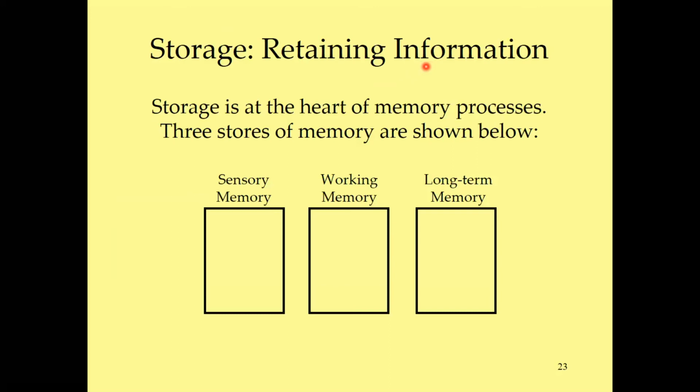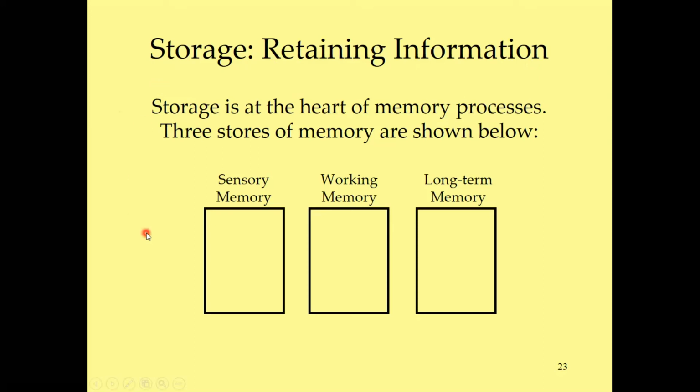All right. Next, we're going to look at the storage of information. We just talked a lot about encoding and getting the information into our nervous system. The next step must be storing the information, retaining it for later retrieval. So storage is at the heart of our memory processes.